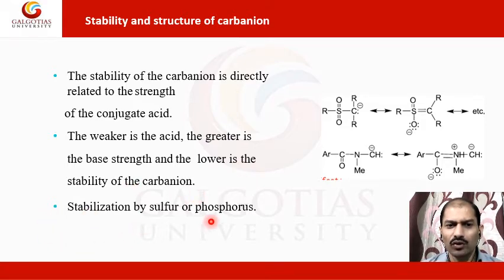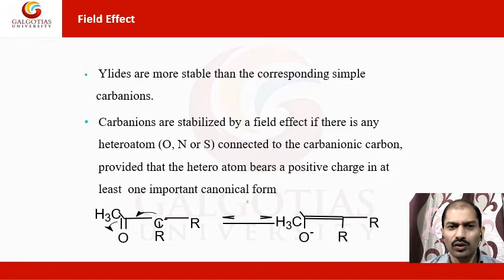Stabilization by sulfur or phosphorus or other metals can stabilize the carbanion, but that depends on whether it is present in the reaction. Then only can the particular molecules, or carbanion in a molecule, be stabilized. If you look at the field effect, ylides are more stable than the corresponding simple carbanions.